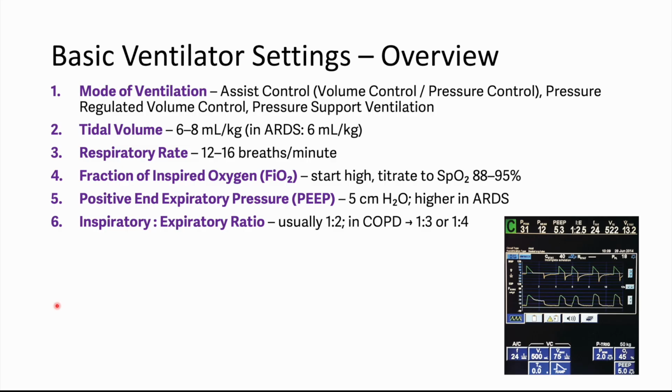So first, the mode of ventilation: assist control volume control. You set the tidal volume and every breath is delivered as the exact volume. So this ensures reliable ventilation, but in stiff lungs, it may generate dangerously high pressure. In assist control pressure control, you set the inspiratory pressure.